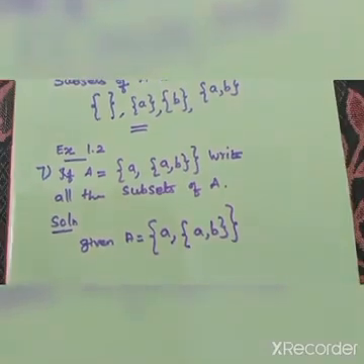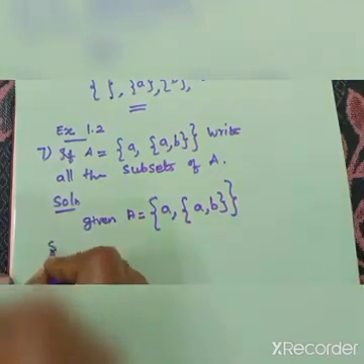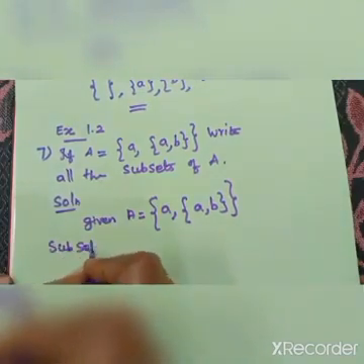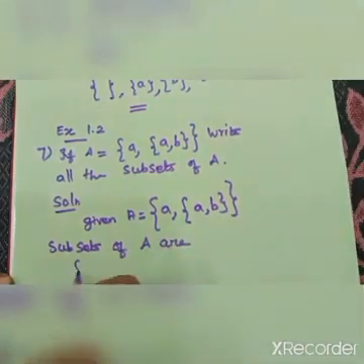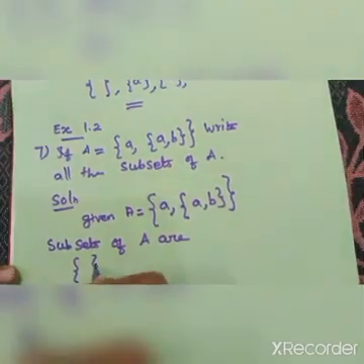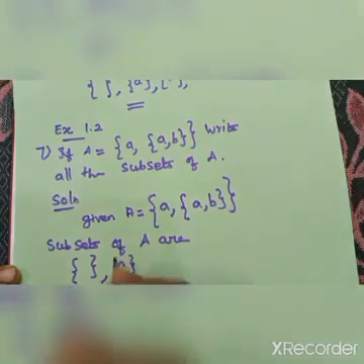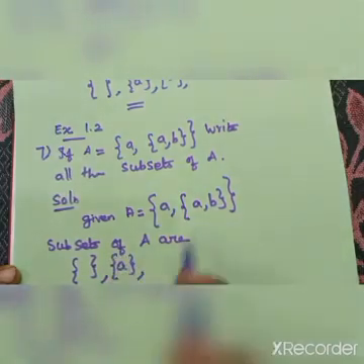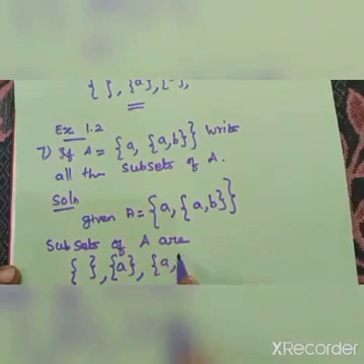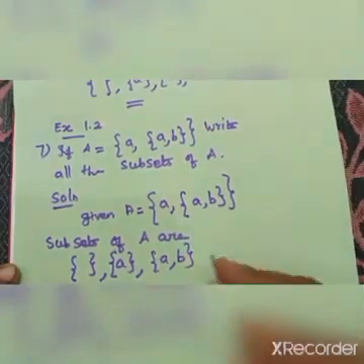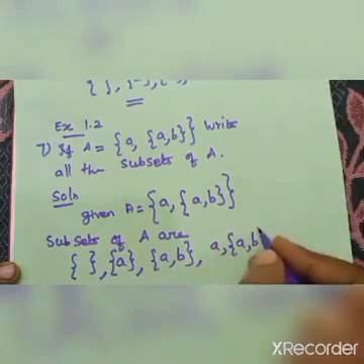We know that first of all the empty set is a subset of all sets. So the subsets of A are: first the empty set or null set, comma, and first element {a}, comma, then the second element {b}, then both elements together, {a, b}.